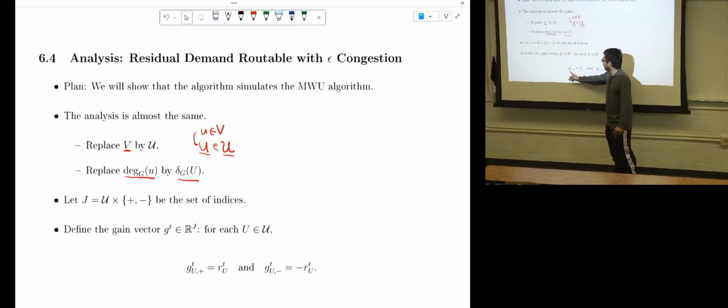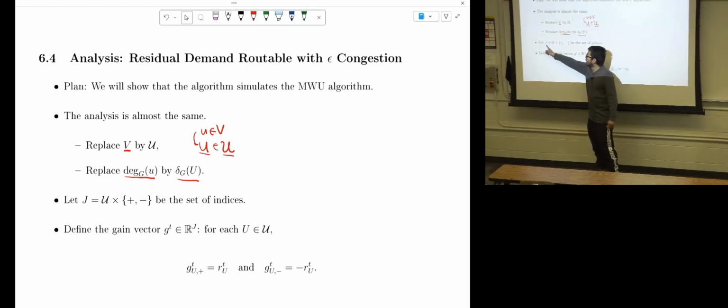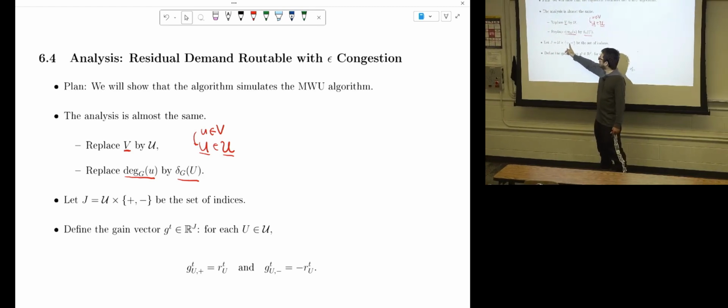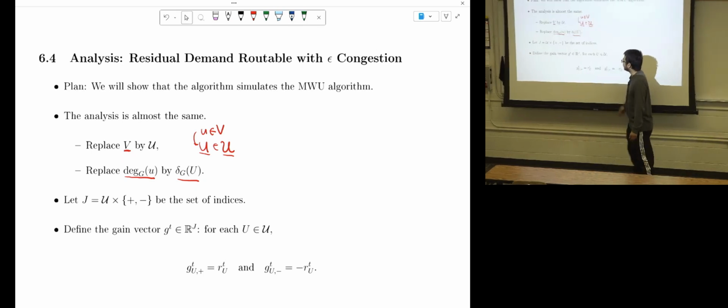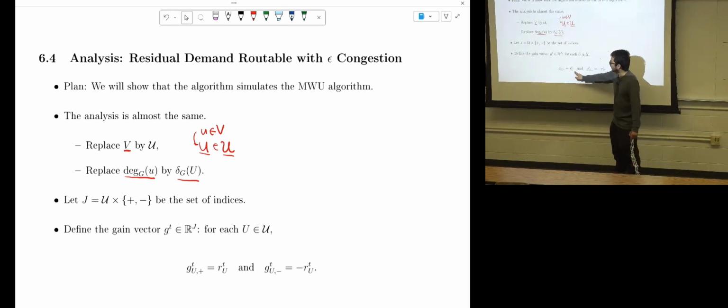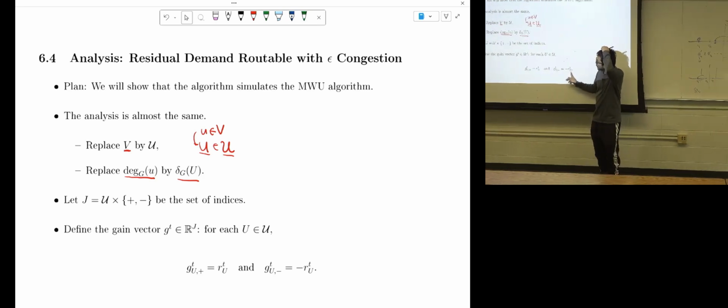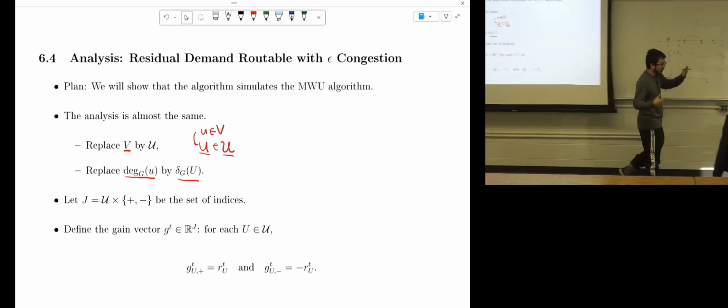We just define the gain vector. We set J, the set of indices, to be U times plus and minus. And the gain for U plus is just the relative excess at U. The gain for U minus is the relative excess at U, negative of that.